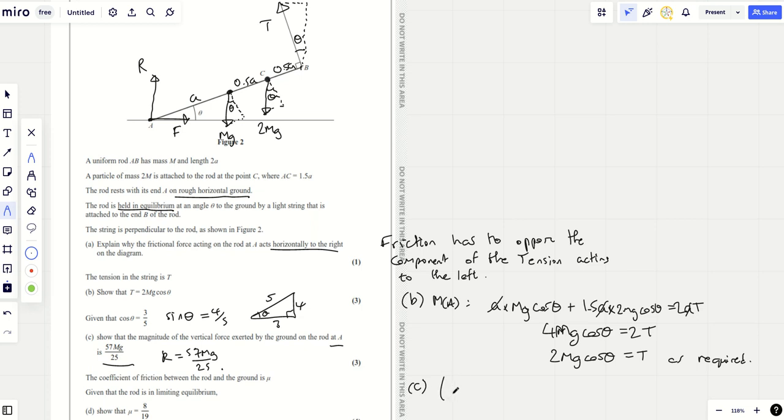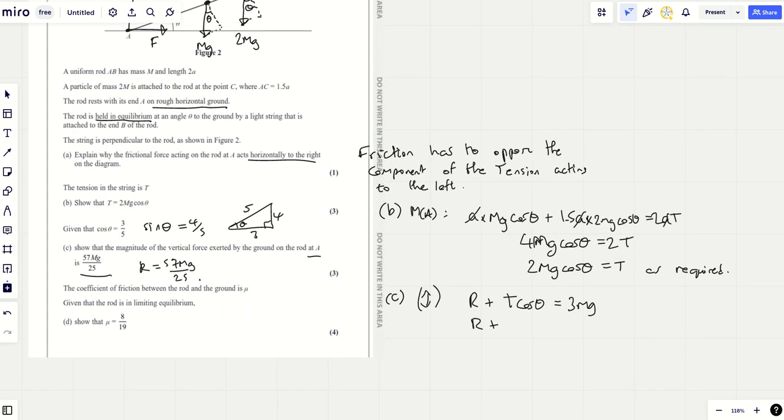So I'm going to say, okay, ups equal downs. So I've got R plus, well, that's going to be T cos theta, and that's going to be equal to 3mg. And R plus, well, we already know what T is, and we know that cos theta is 3/5.